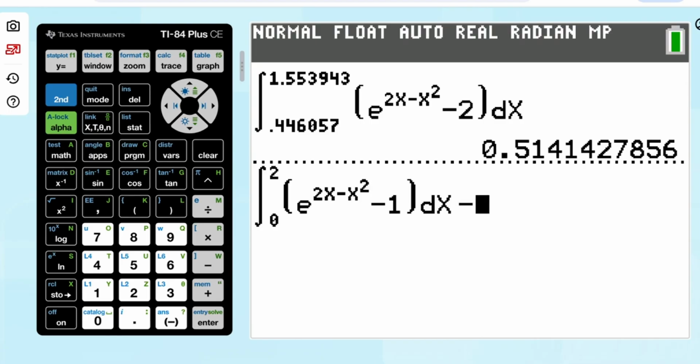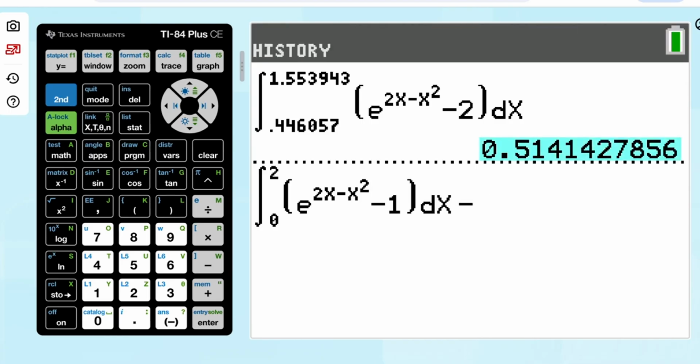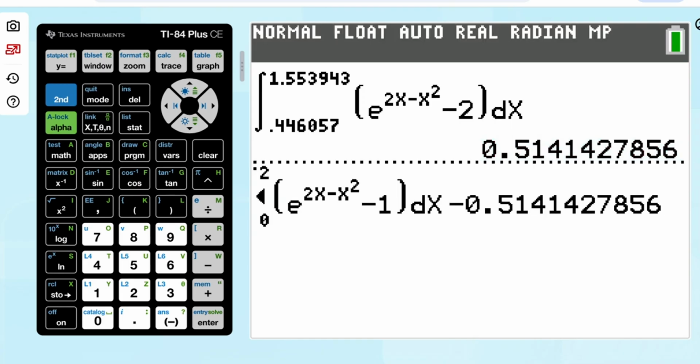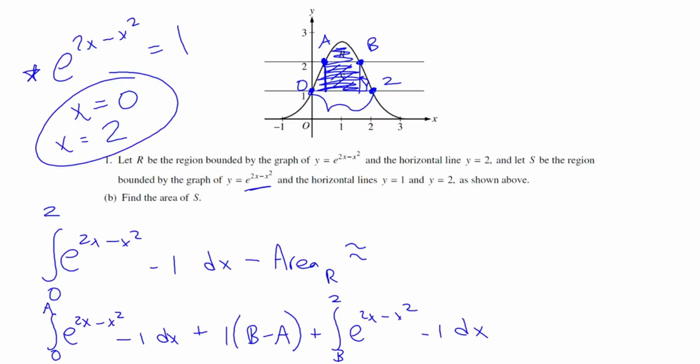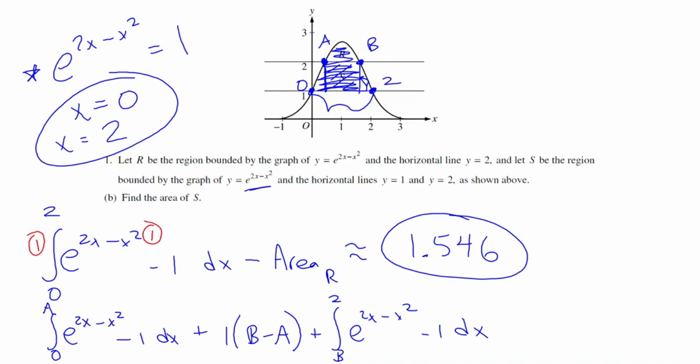So I'm just going to hit minus, go up here and highlight that one and hit enter, and it'll just populate it down below. We'll hit enter, and we get 1.546 when we round. And if you do it the other method, you're going to get the exact same value. So for that one, you got 3 points: 1 for the correct integrand, 1 for the correct limits, and 1 for the final answer.